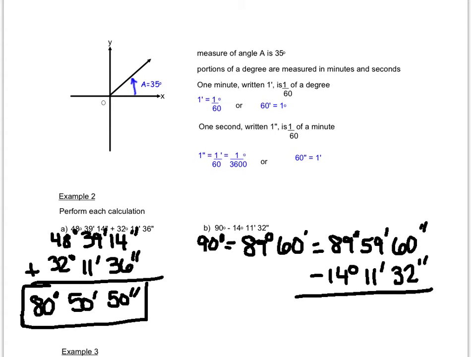So 60 minus 32 is going to give us 28, and that's our seconds. 59 minus 11 gives us 48 minutes. And then 89 minus 14 gives us 75 degrees. So we have 75 degrees, 48 minutes, and 28 seconds.